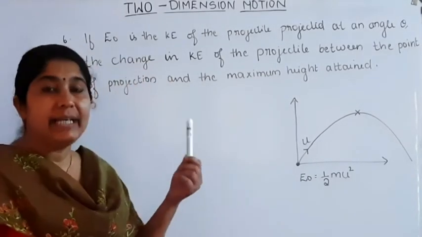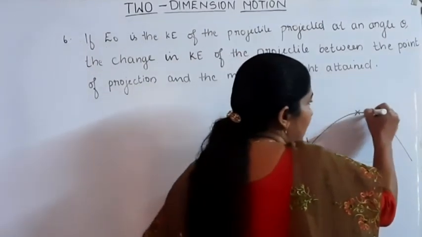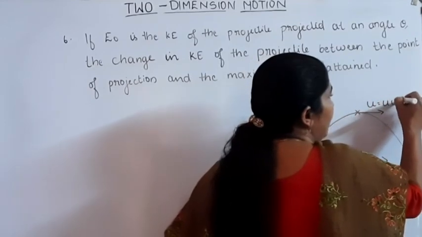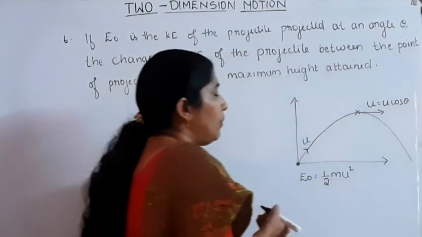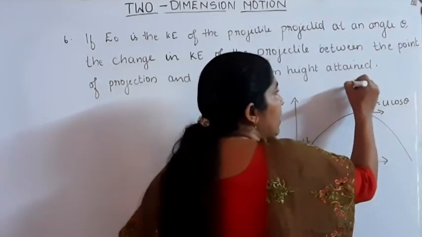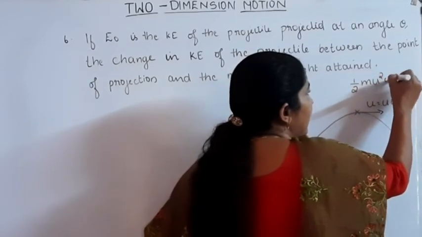Initial kinetic energy is equal to half mu square. What about the kinetic energy at its maximum height? At the maximum height, velocity is equal to u cos theta. Kinetic energy at that point is equal to half mu square cos square theta.